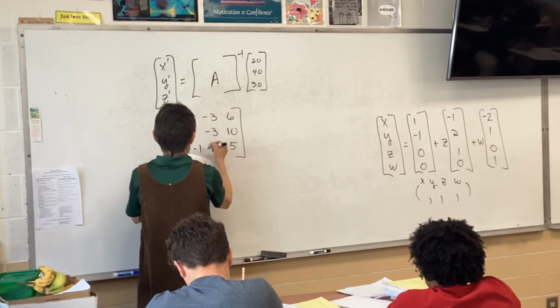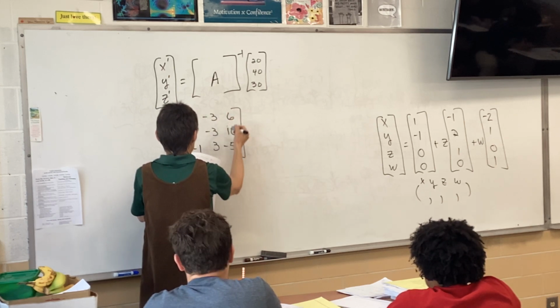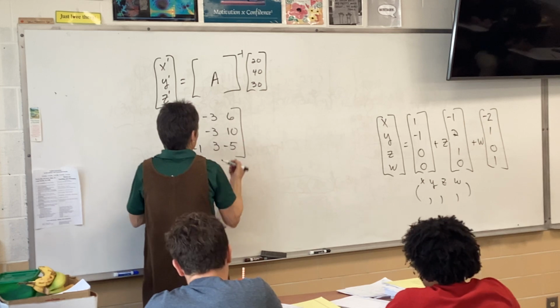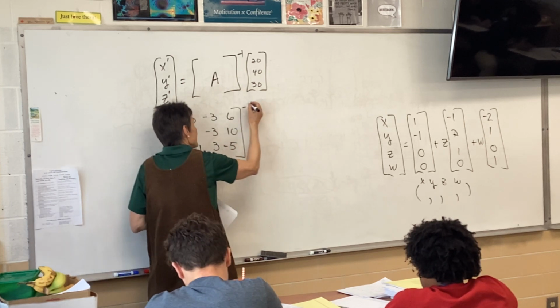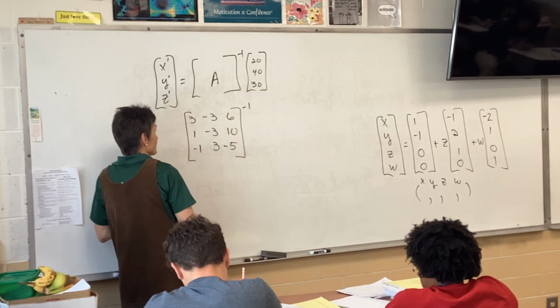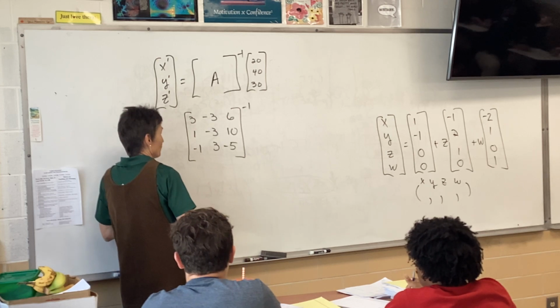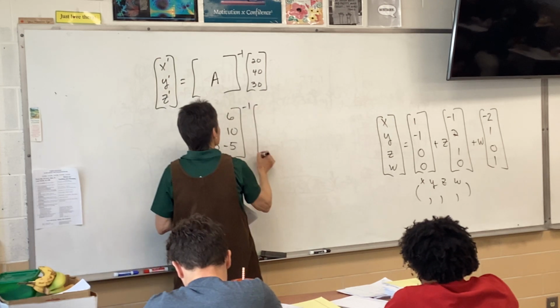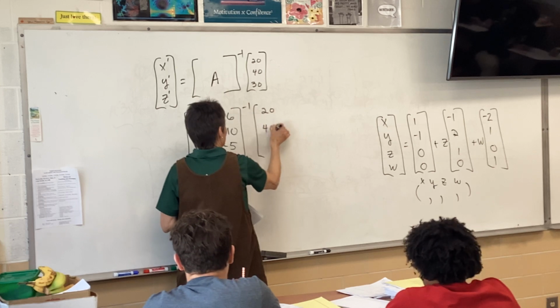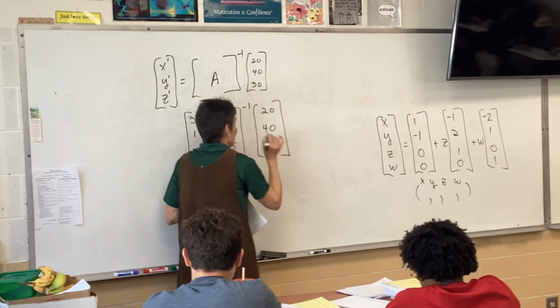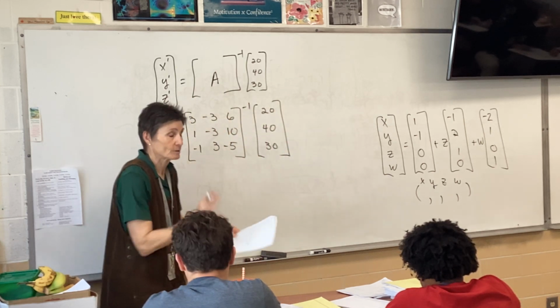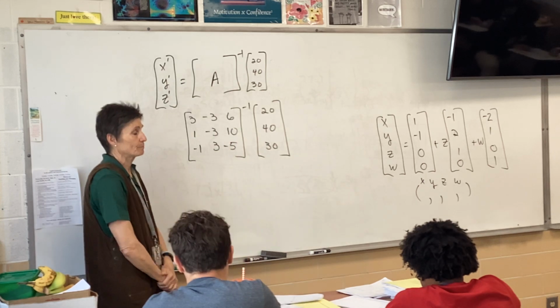Make sure I didn't make any mistakes there. And we're going to multiply the inverse of that matrix, which we can do on our calculator real easy, times this one. See, that's how we're going to find the inverse, or solve using the inverse.